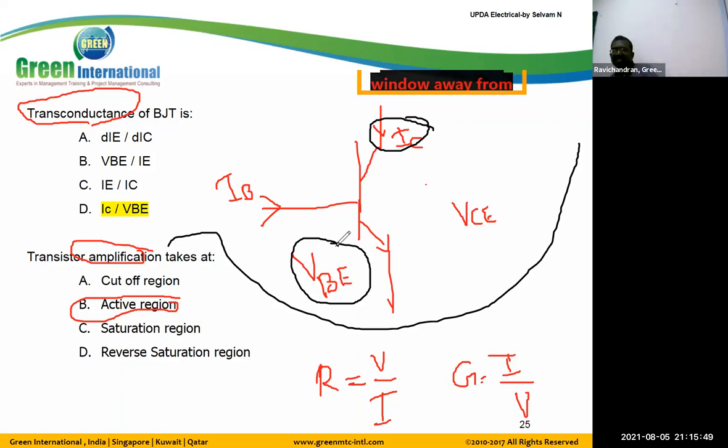In this question, all the options are related to the emitter configurations, so simply we choose the answer. Similarly, they may ask this question for common base and common collector also. But mostly they don't ask about common base and common collector. Most of the questions are related to the common emitter configuration only.